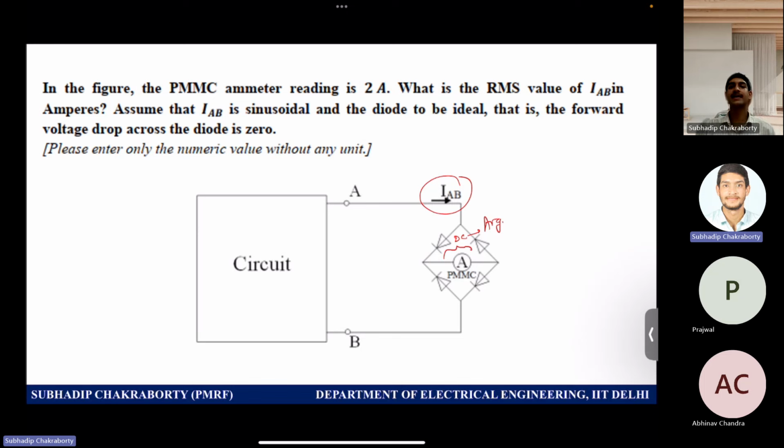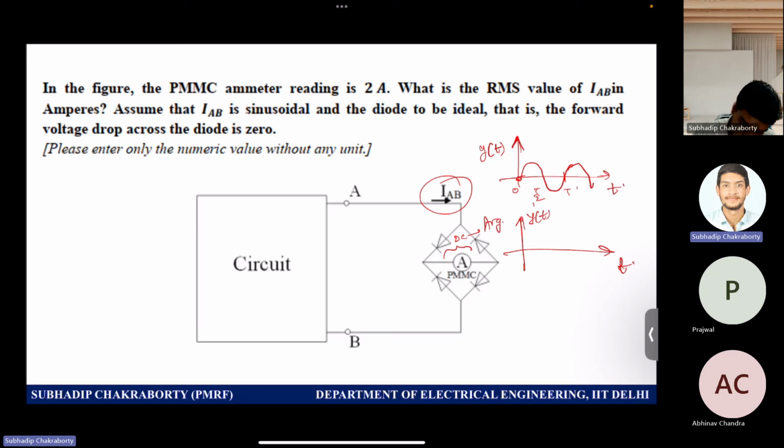If you have a sinusoidal current passing through a bridge, then what will be the shape of the waveform? For example, I assume that IAB is sinusoidal, so this is 0, this is T by 2, and this is T. And this is, for example, Y of T. Then after I rectify it using a full bridge, Y double dash I can write for the full bridge.